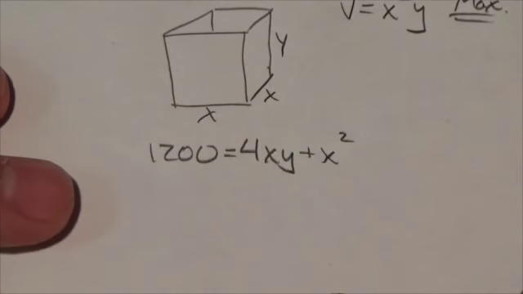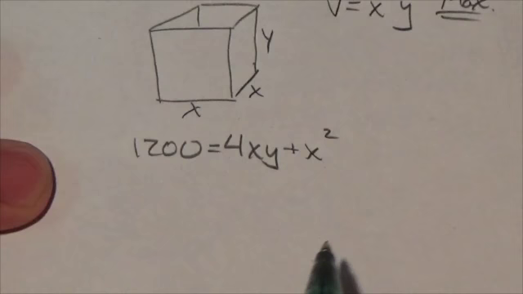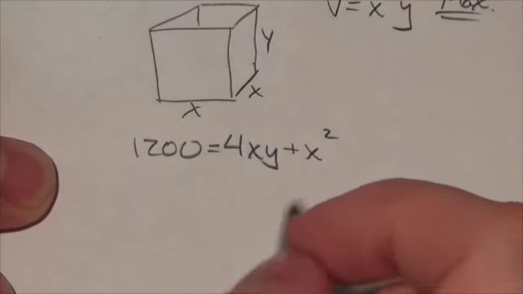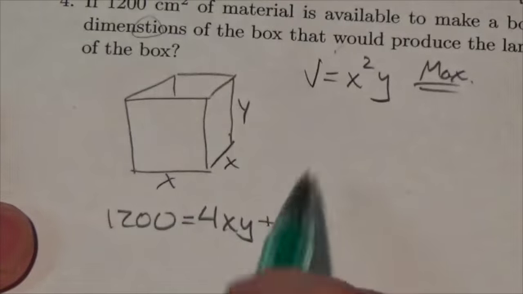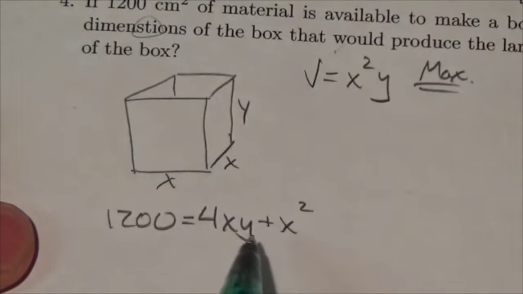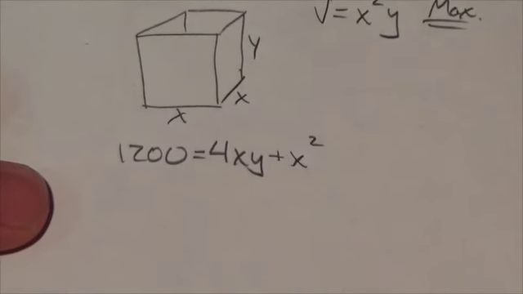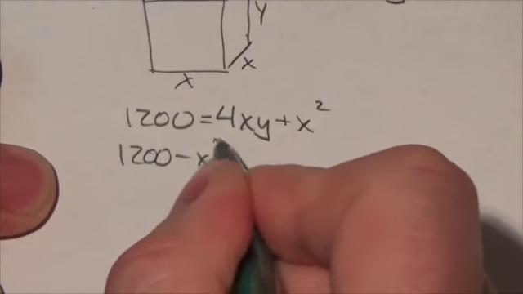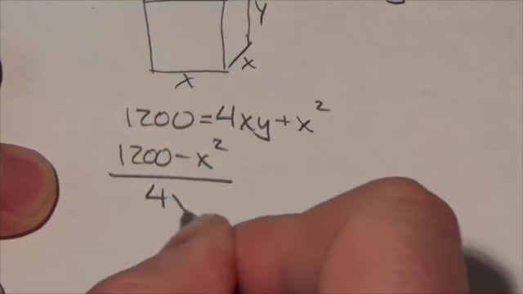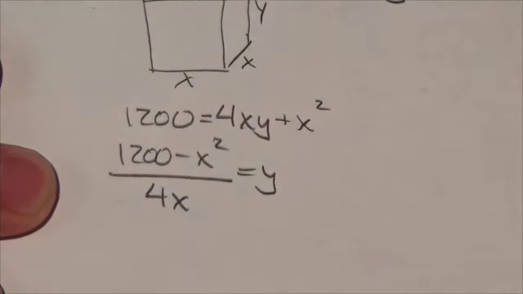Then I'm going to take this relationship and find some way to plug it into the volume term. Normally I would have said, jump right on that x squared, but that's going to give me an x and a y in there. It's not actually going to solve my problem. So what I'm going to do here is bring the x squared over and divide by 4x to get y.